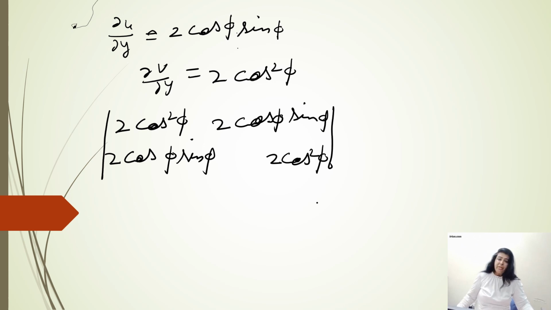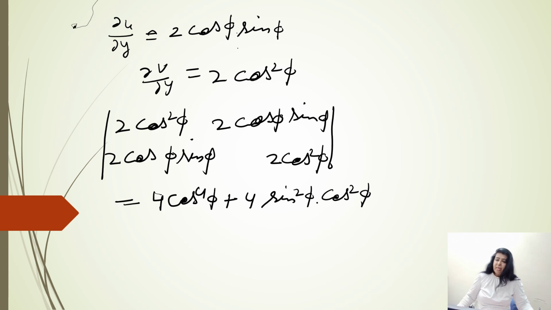So just solve the determinant. On solving the determinant, what you will get? 4 cos 4 phi plus 4 sin square phi cos square phi.